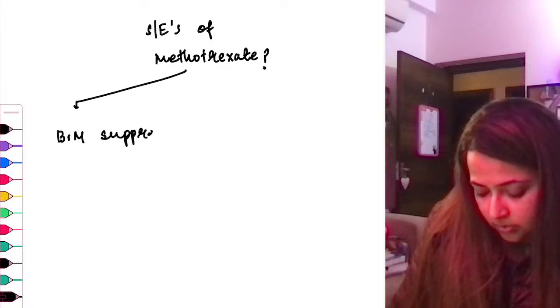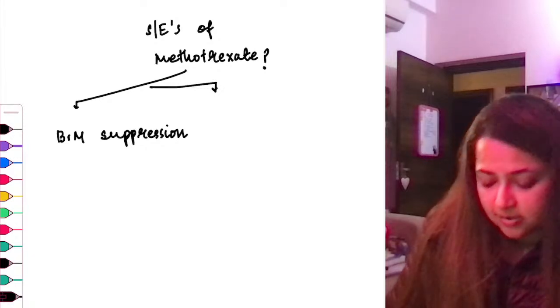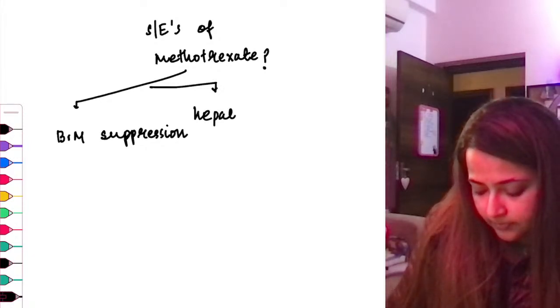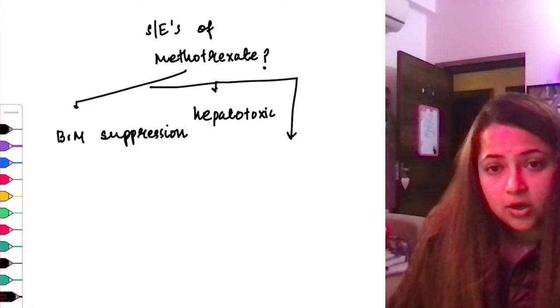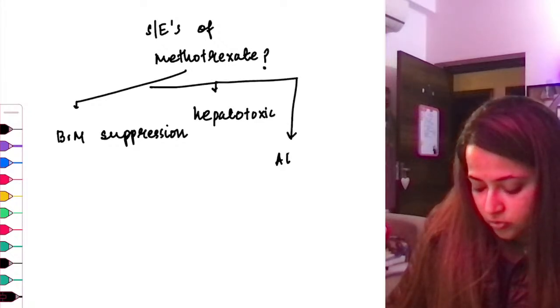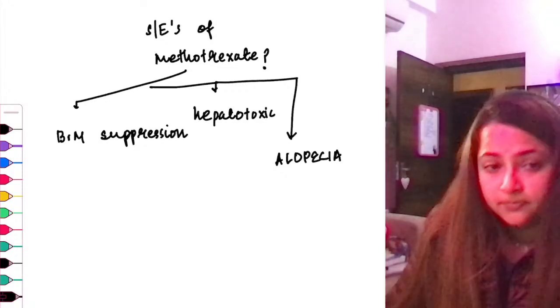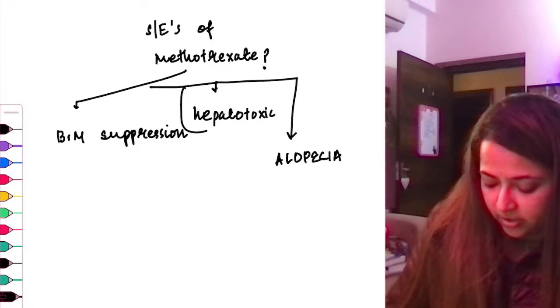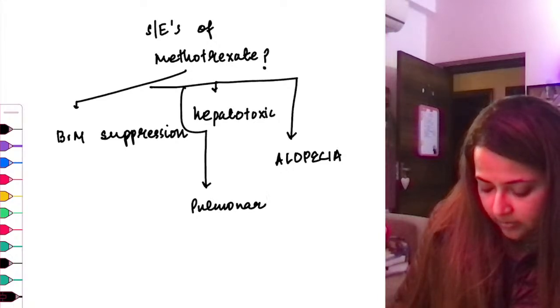Second, methotrexate is hepatotoxic. Third, methotrexate leads to alopecia. Yes, Monish, you give the right answer. Alopecia, hair loss. Fourth, methotrexate could lead to pulmonary fibrosis.